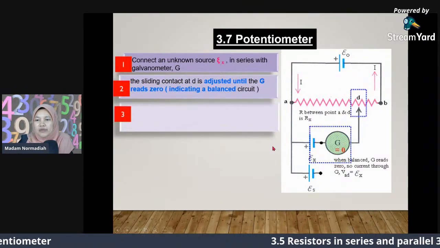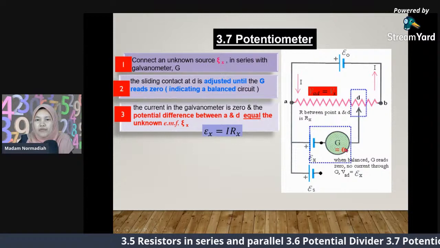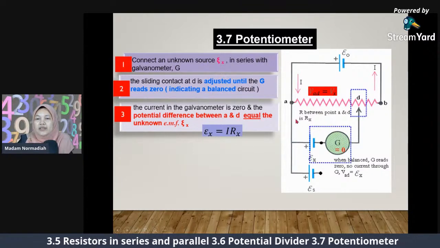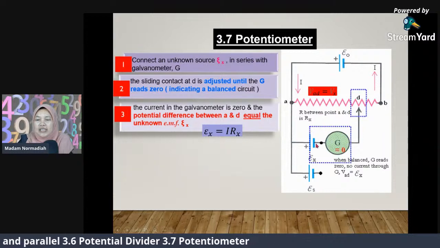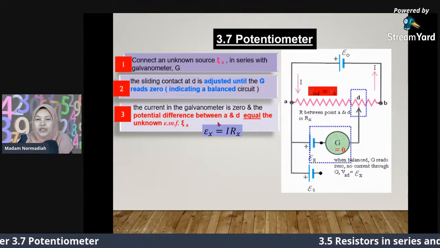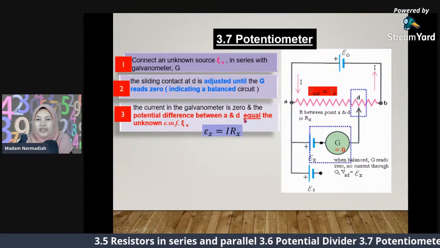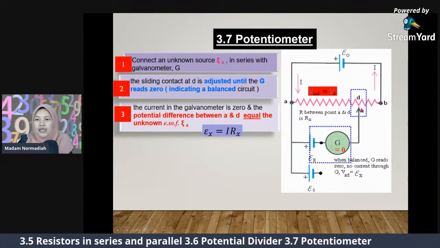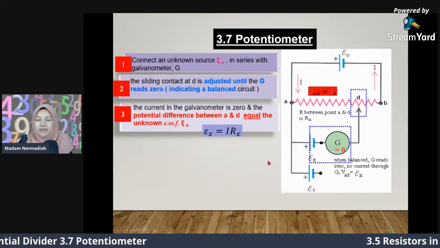When the galvanometer equals 0, it means there is no current flowing through the galvanometer, and the potential difference at point AD equals the unknown EMF, which we can write as EMF X equals I Rx. I stands for the current that flows through AB. Rx is the resistance between points A and D.